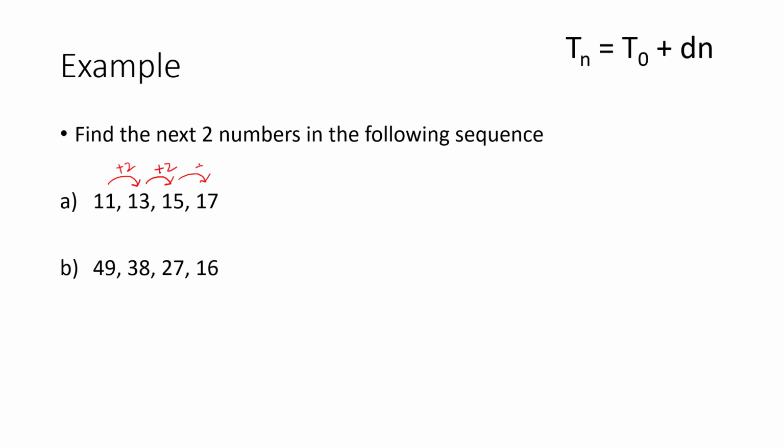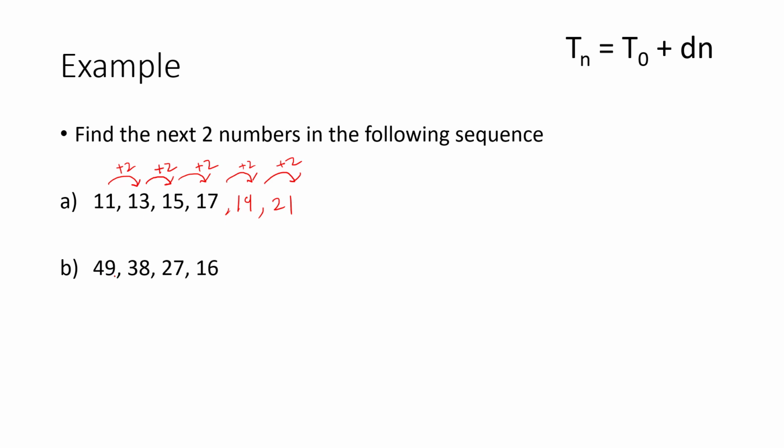And we also have addition of 2. So the next two numbers will be plus 2, followed by plus 2 again. So my answer will be 19 and 21.